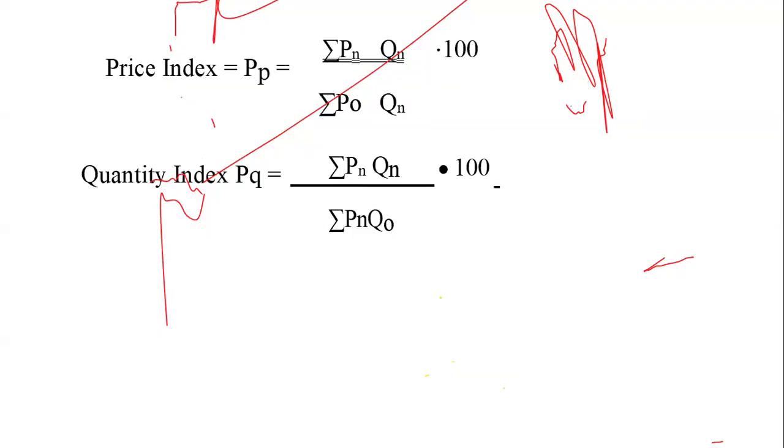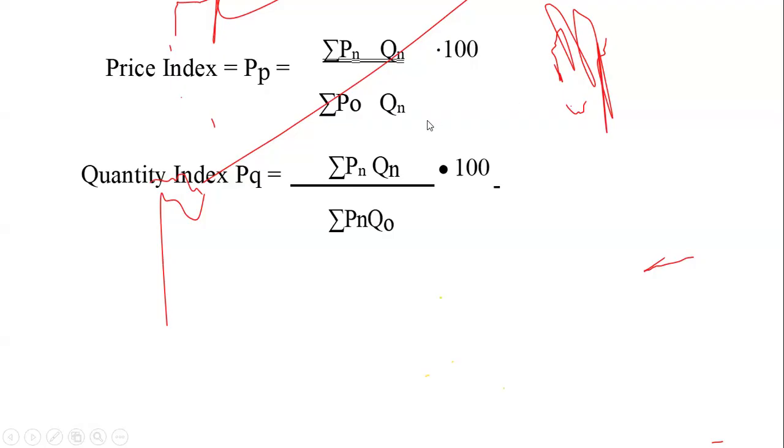For the price index, the numerator has both the n's, Pn and Qn, and the denominator has the base, P naught and Q naught. So you see that it is the reverse. You should know this distinction.